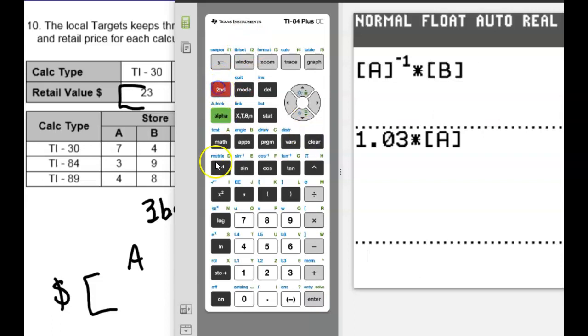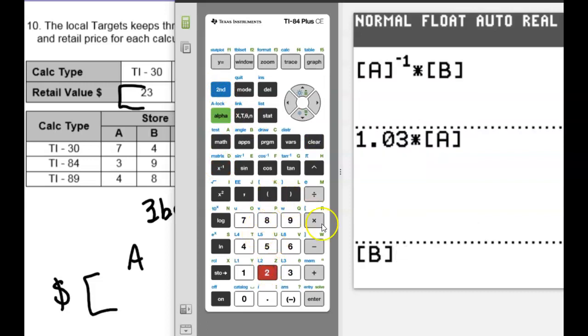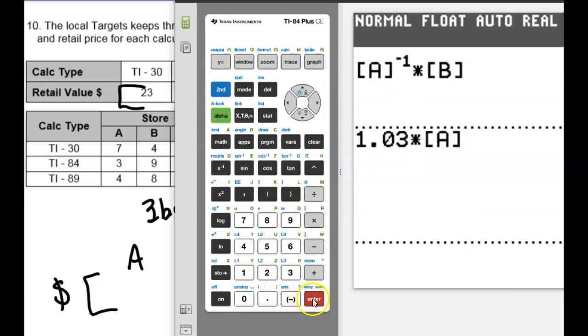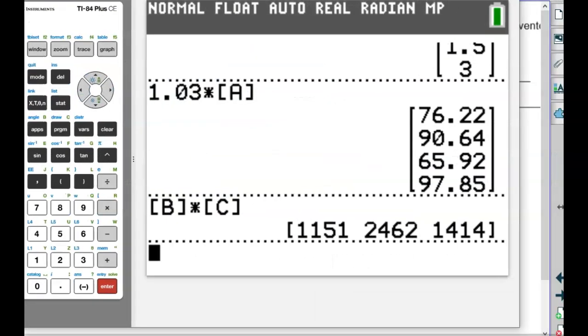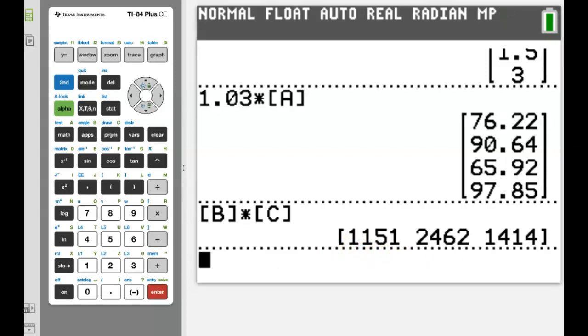The first one I put in 2, and the second one I put in C or 3. And I'm multiplying. Did anyone get those numbers? Okay. Could you have done it by hand if you had to? Multiplied them. Okay.